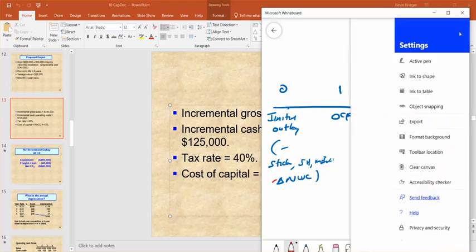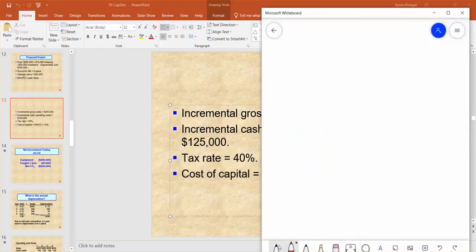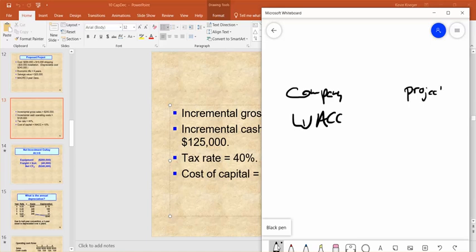One thing to keep in mind, I think they mentioned it in the book quite a bit, is you might have a company WACC, weighted average cost of capital, 10%, versus a project WACC, right?